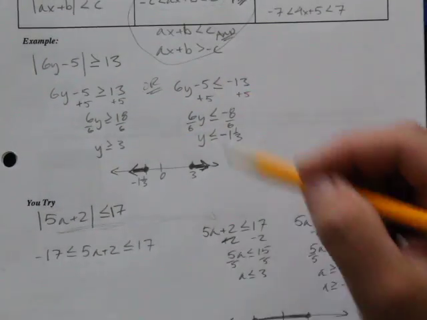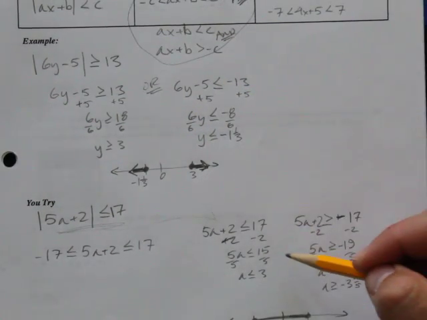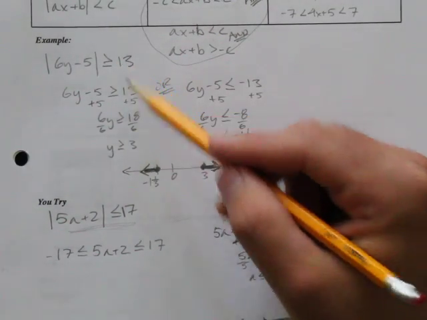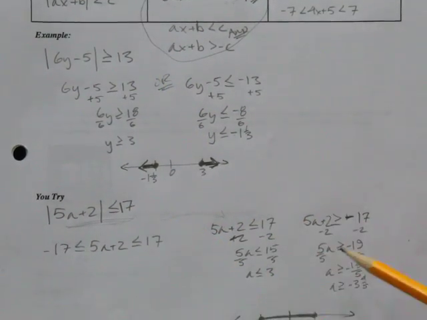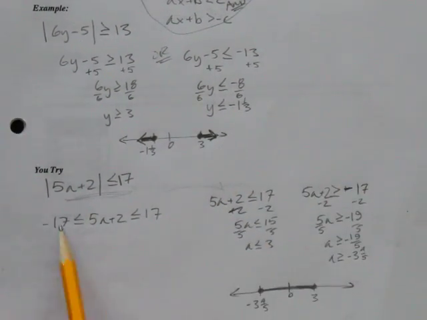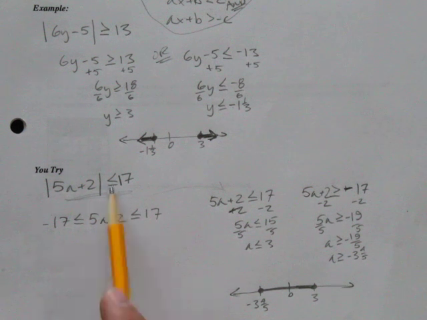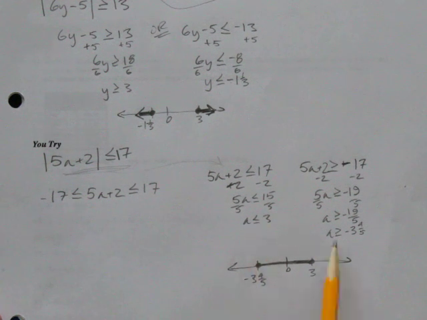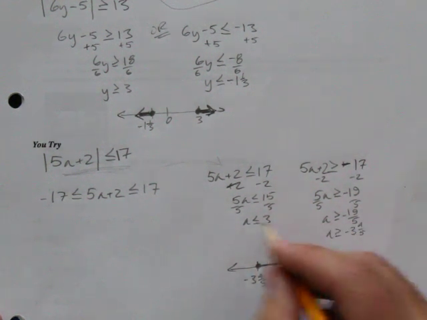I can treat both of these the same way, whether it's greater than or less than. If I remember and want to do the less than, the AND version, this way, you could do that if you want. You're going to end up with the same thing. And let's rewrite this.